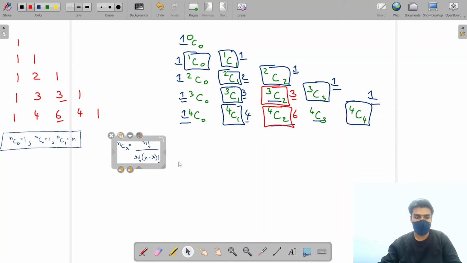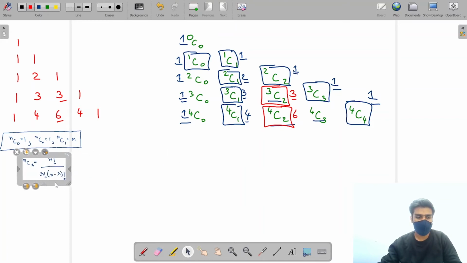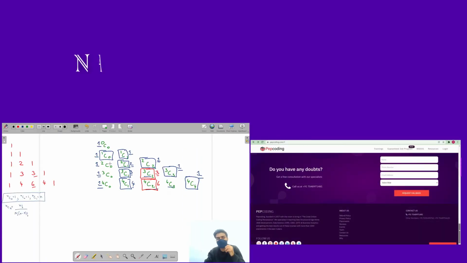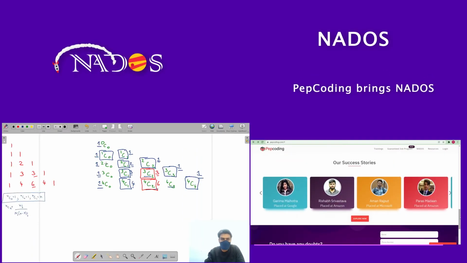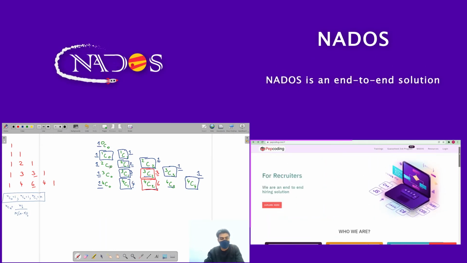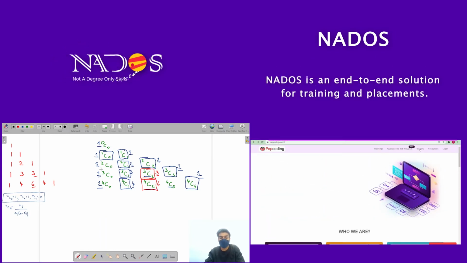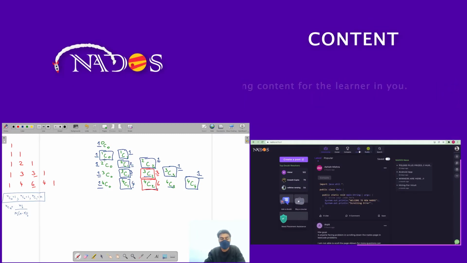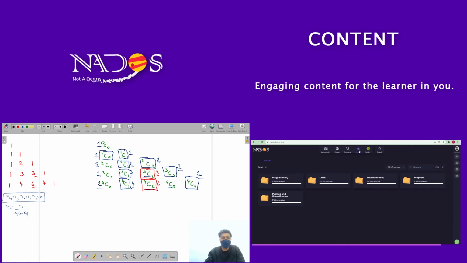So now what? We got the formula. We understood this. How can we solve this? But just tell me one thing. Can I do this every time? Like, can I go on every element and see first whether it is 2C0, 2C1 or 2C2, or 1C0, 1C1? We can't go on every element and see this, or if it is 3C2, let's say.